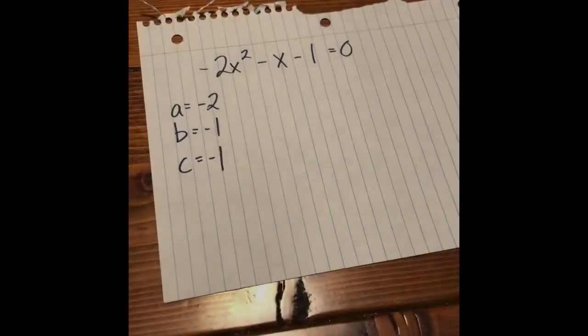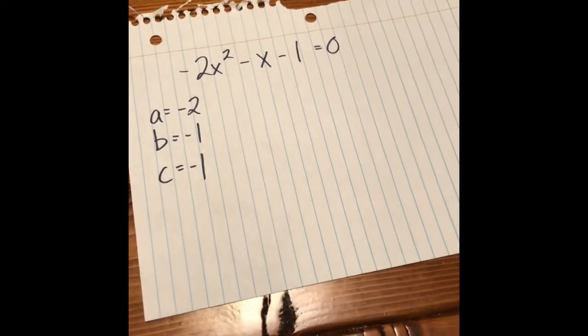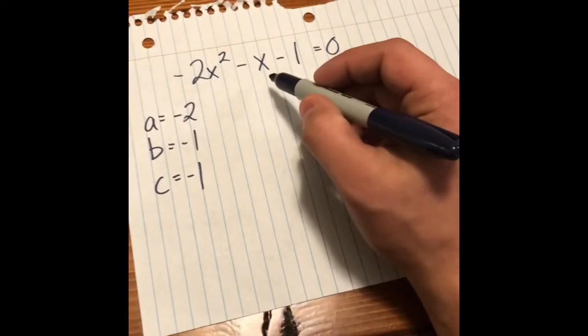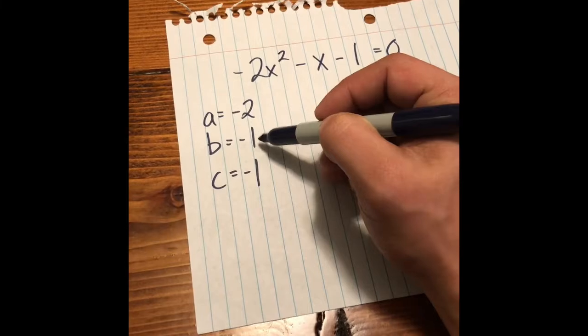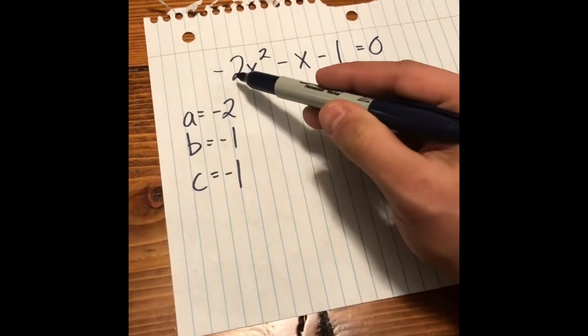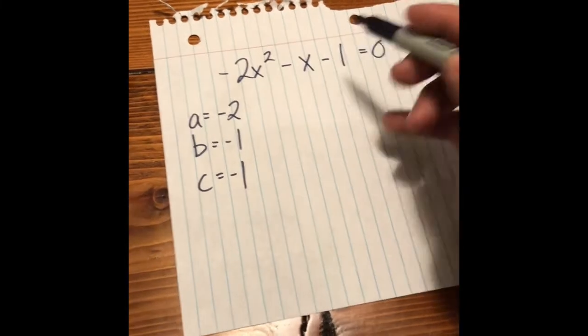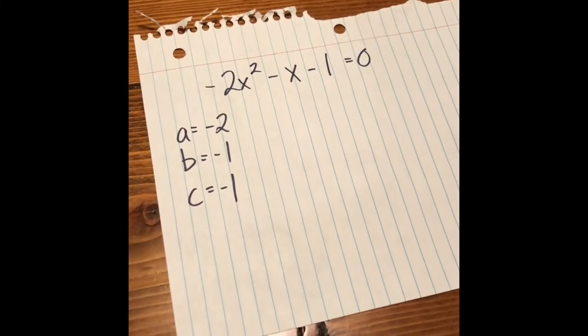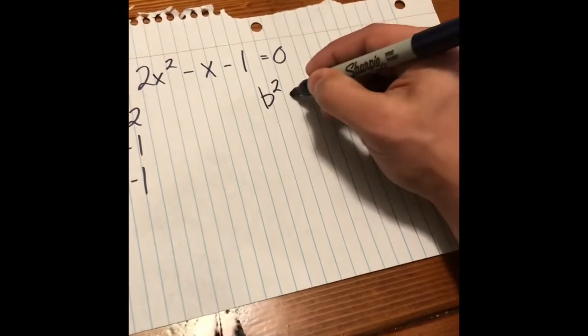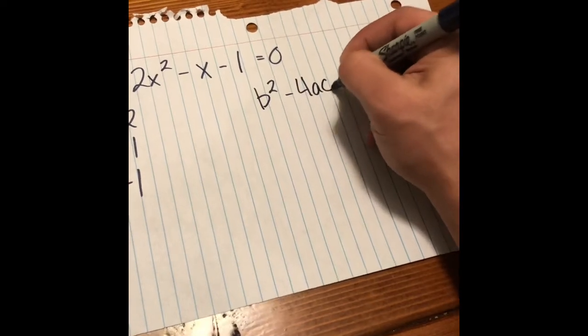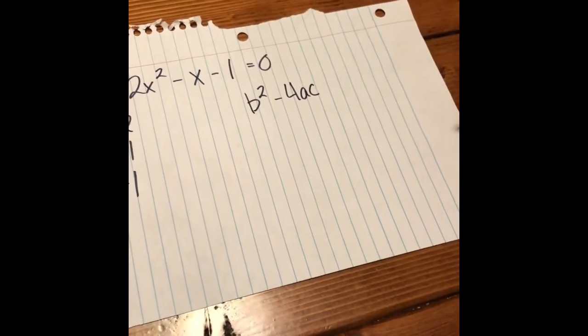Okay, let's work another one out. So you have negative 2x squared minus x minus 1 equals 0. I've labeled negative 2, negative 1 for my A, B, and C. I'm going to plug this into the discriminant, which is, I'll remind you, b squared minus 4ac.